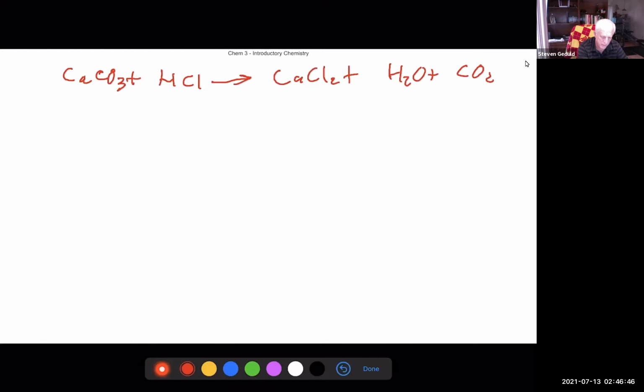So it gives you a formula, calcium carbonate plus hydrochloric acid goes to calcium chloride plus water plus CO2 gas. Okay. And it wants to know how many grams of calcium chloride will be produced.